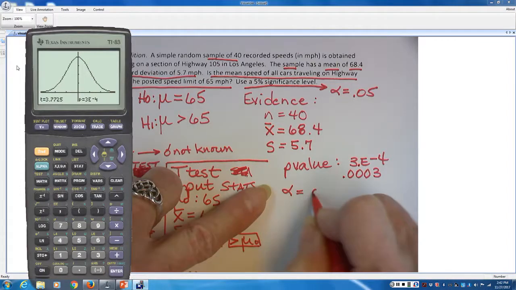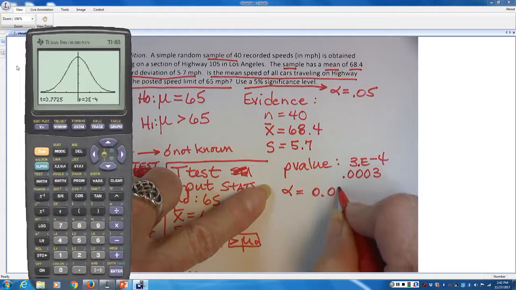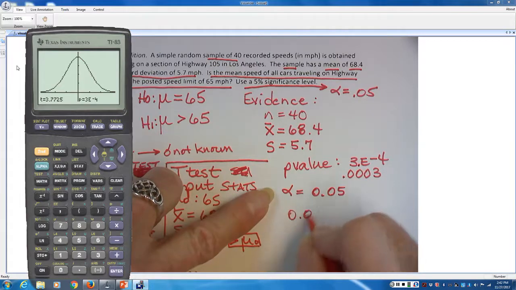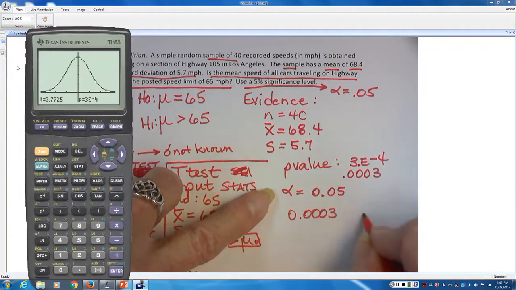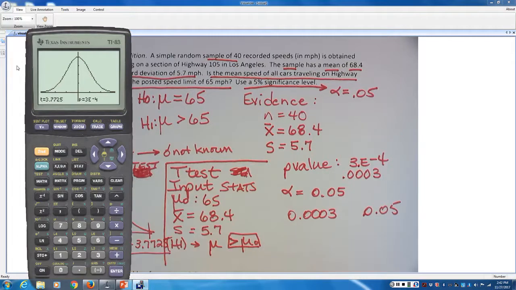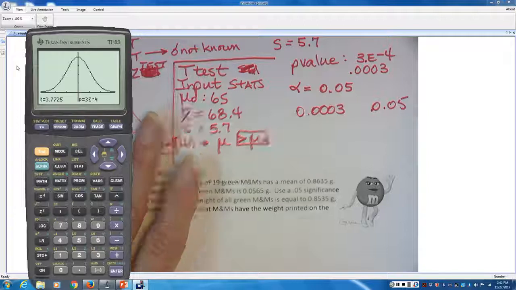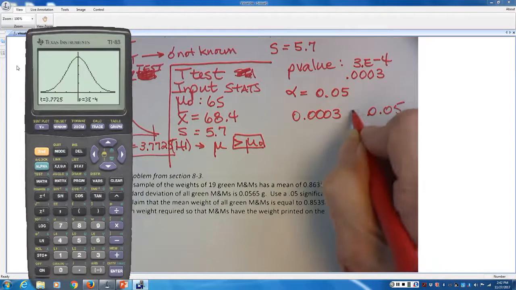Alpha is 0.05. Which one's smaller? Yeah, your p-value is very small.